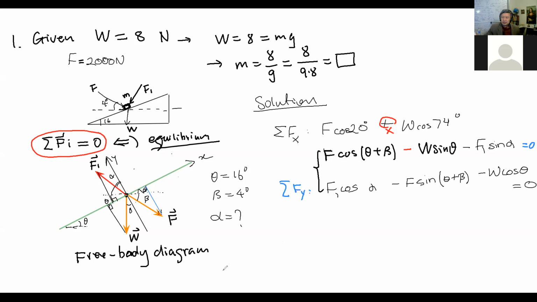So if this is equation 1, that means F cos beta. Yes, you can put this unknown on the other side.